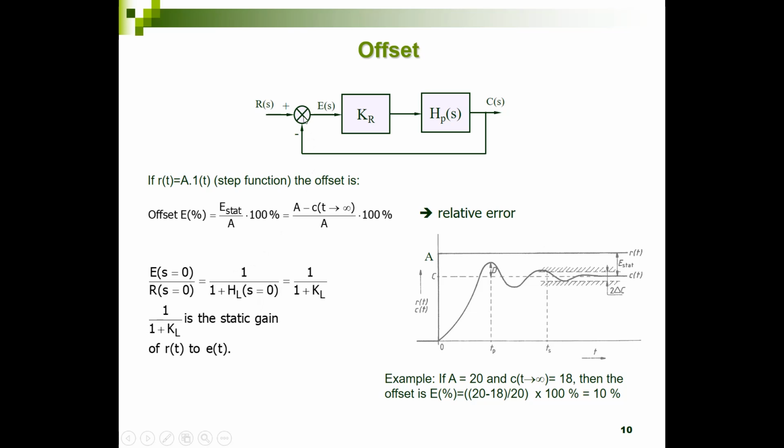So again, it's a straight relationship from R to E, which is 1 divided by 1 plus everything in the loop, so HL. But we want to look at the static error, the offset. So in a static situation, my value is constant and the derivative of a constant value is 0.